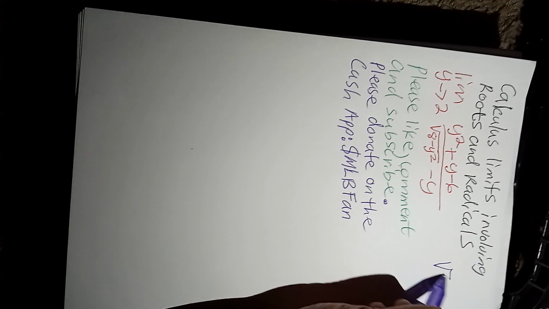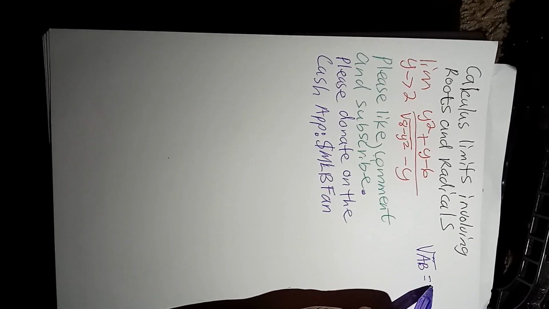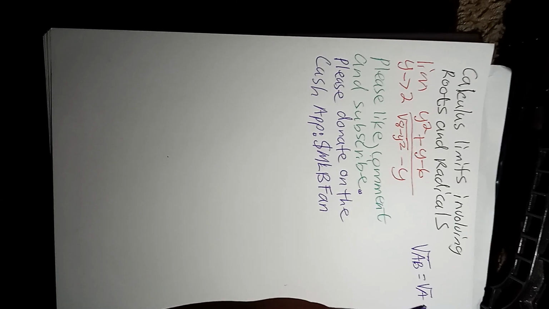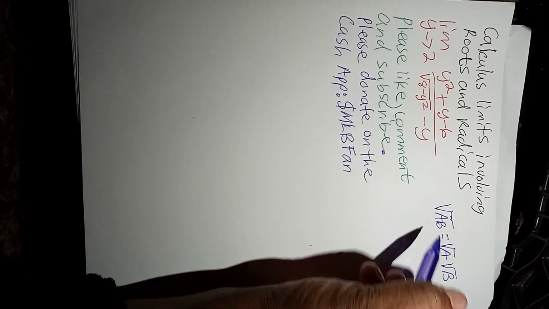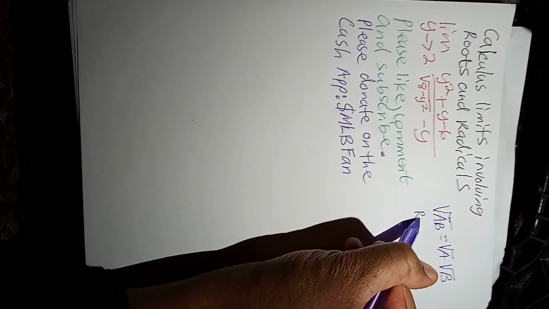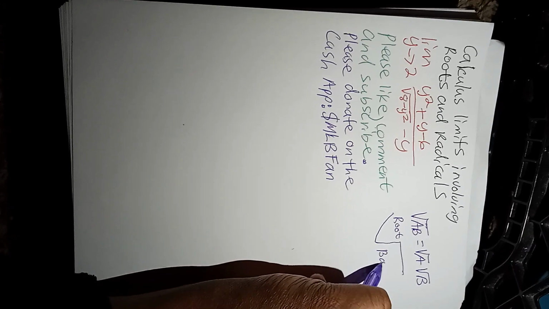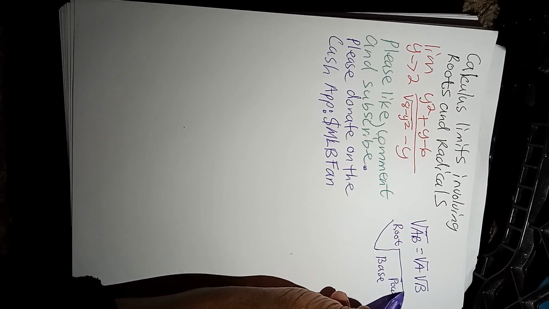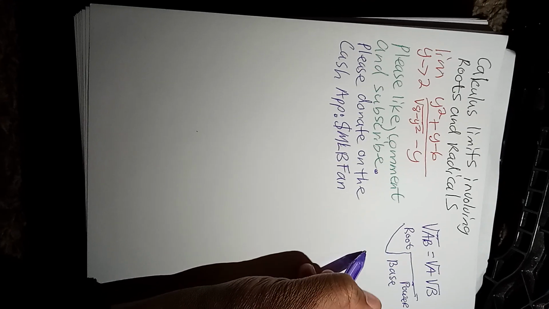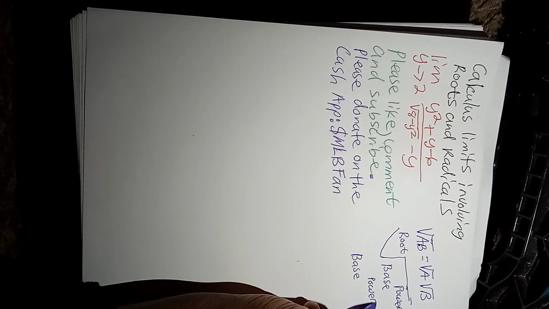So, with roots and radicals in college algebra, there are some formulas that we have to know. We have to know the square root of AB is equal to the square root of A times the square root of B. We also need to know this formula, base to the power divides the root.